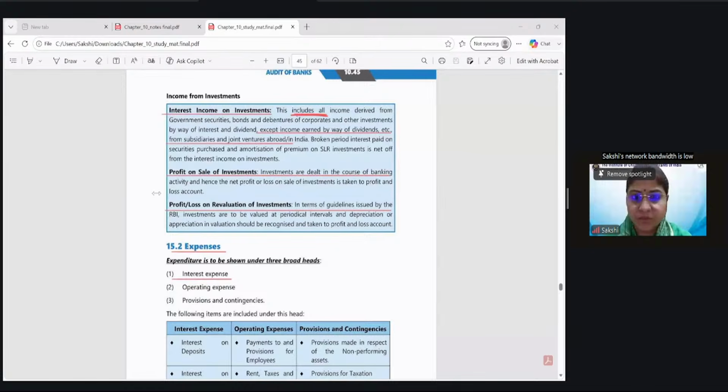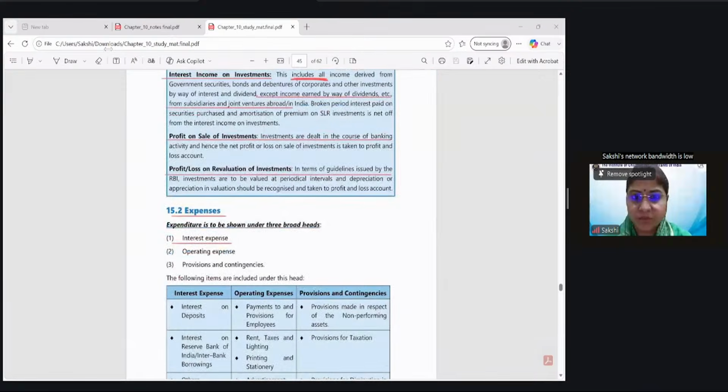Now coming to the expense part. But before that, I want to make sure that you all have understood this much. Students, have you understood? I'm waiting for your response.